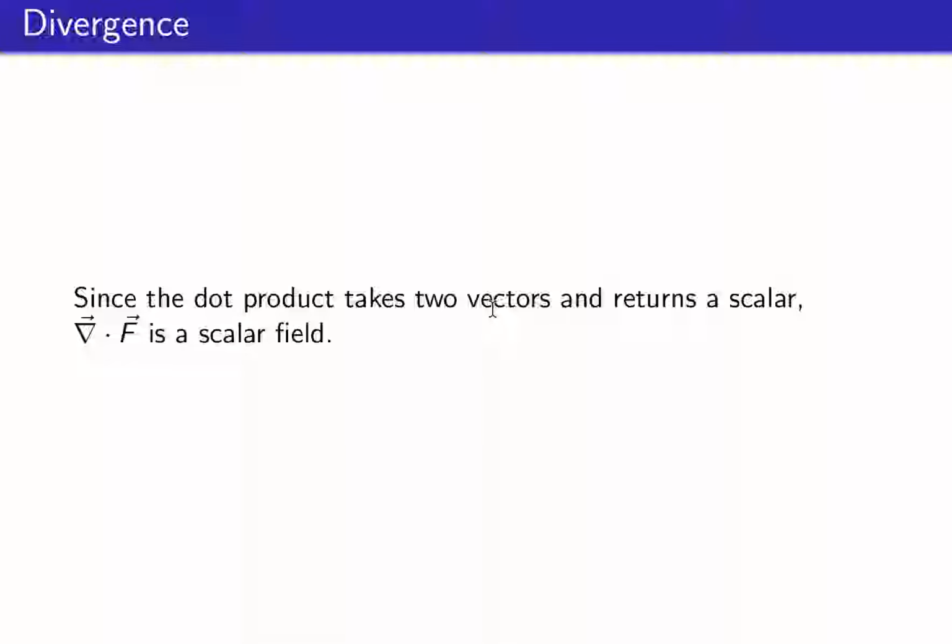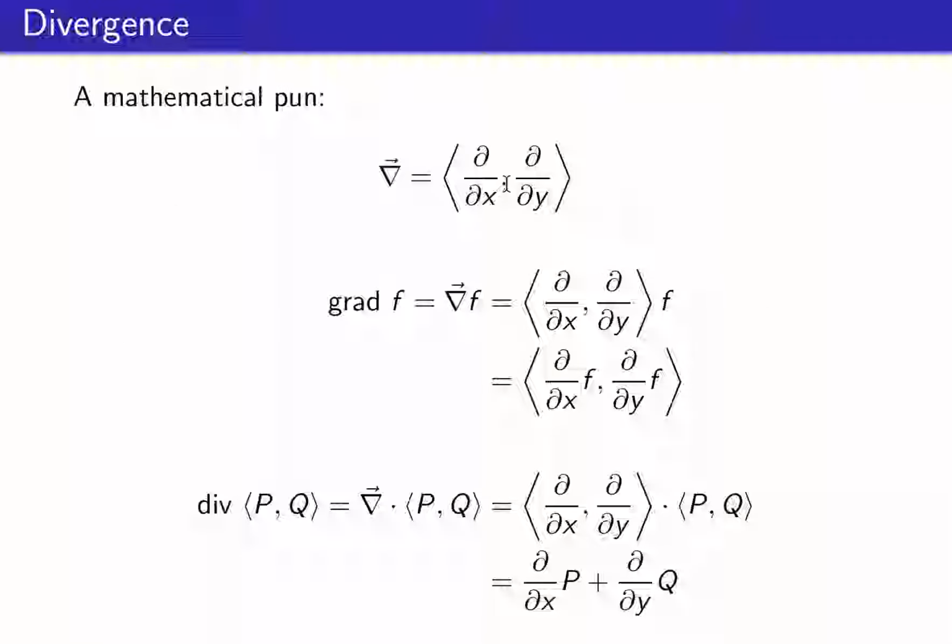Since the dot product takes two vectors and returns a scalar, okay, here's a vector, here's a vector. I mean, obviously this is not really a vector, like I said. It looks like a vector, but it doesn't have numbers in here. It has these derivatives.